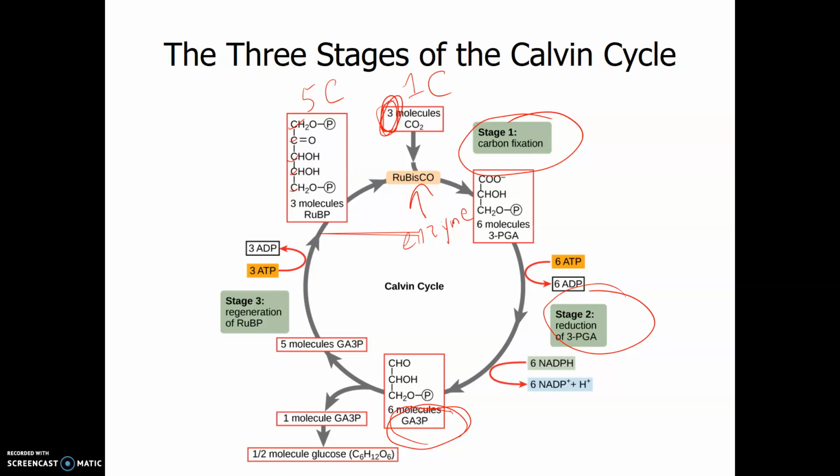Instead of producing 2, it produces 6 because 3 times 2 is 6. Those 6 molecules are used to produce 6 molecules of GA3P, but only one of those molecules of GA3P can be used to produce food. 5 of them must be recycled into stage 3, which is the regeneration of RuBP, which is a 5-carbon molecule.